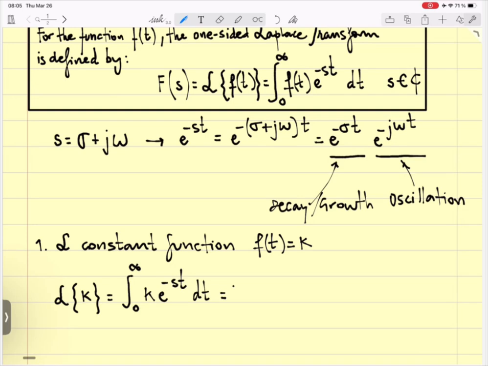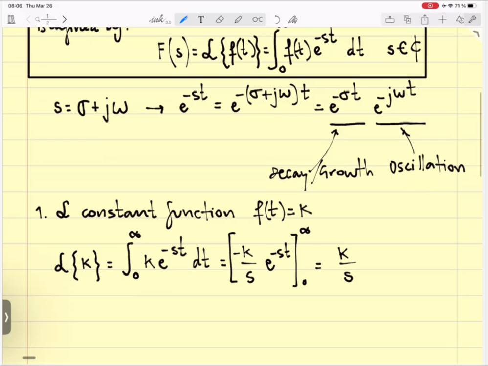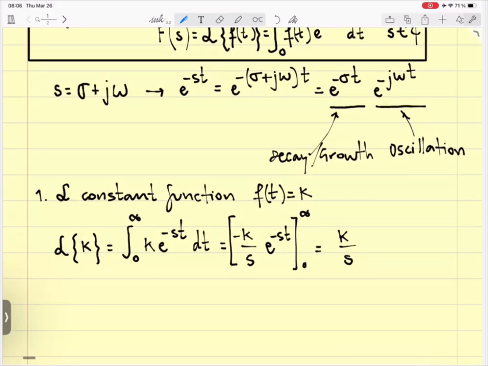So this is minus k divided by s times e to the minus st between the values of 0 and infinity. So this is k divided by s. This is an important result.